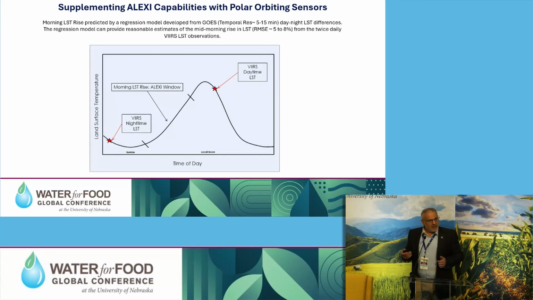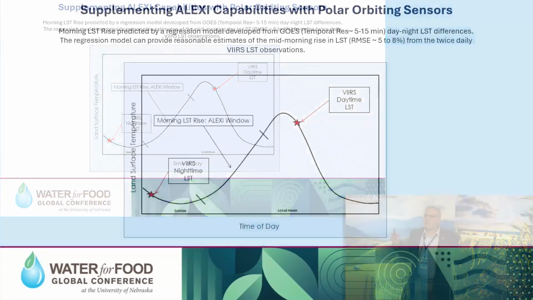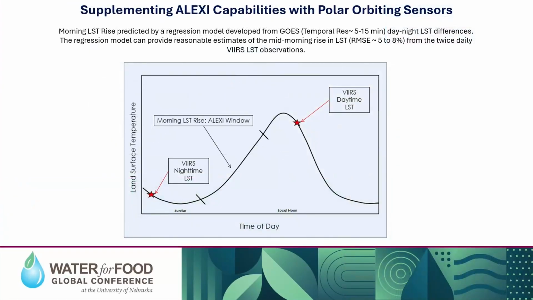Also, ALEXI, because of the two overpasses during the night and during the day, utilizes this feature, okay? Christopher Hain built a regression model using GOES data because GOES has high temporal resolution. It's 5 to 15 minute coverage of the same area every day.